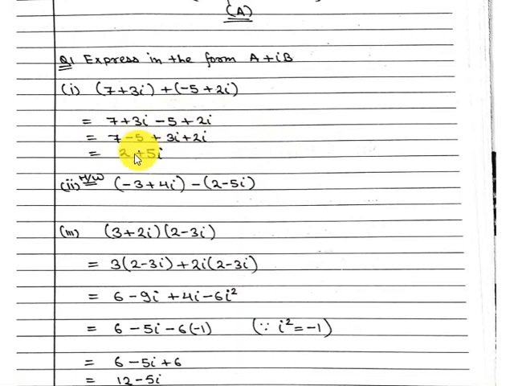So 7 minus 5 is 2, and 3i plus 2i becomes 5i. Like you have been adding, if I give you 2x plus 3x, the answer will be 5x. In the same way 3i plus 2i will be 5i. And this is your homework.